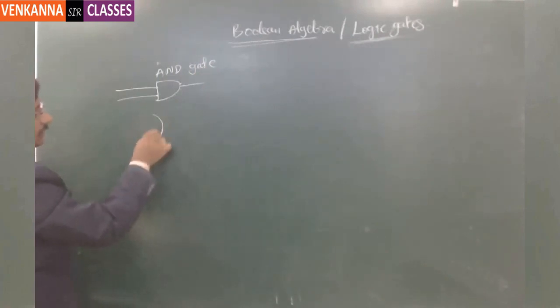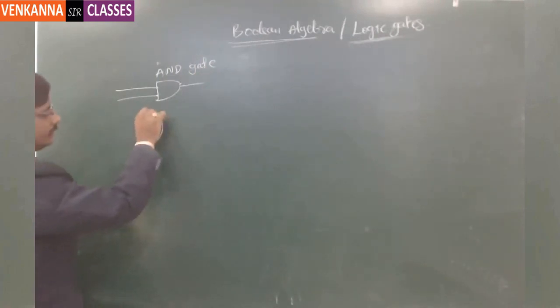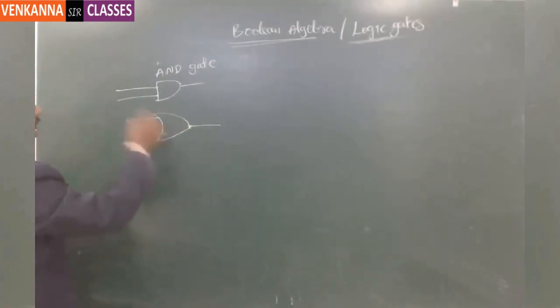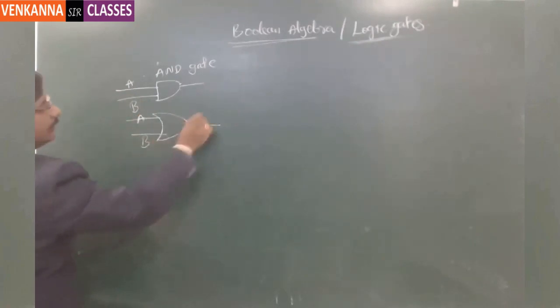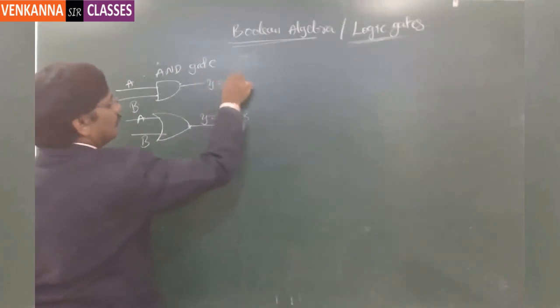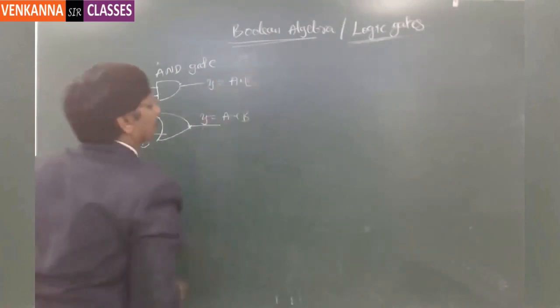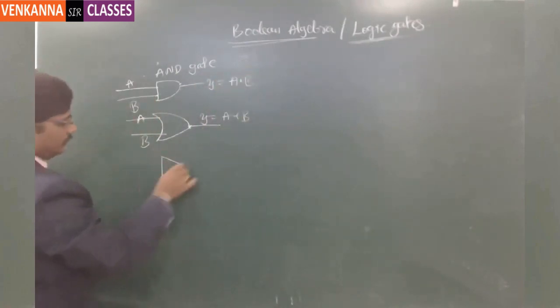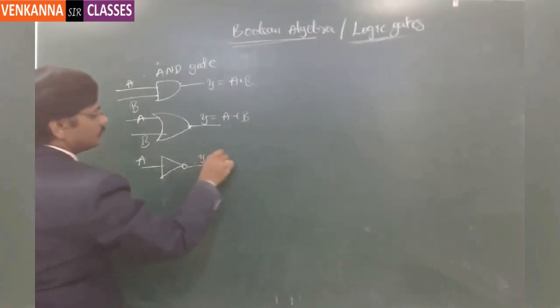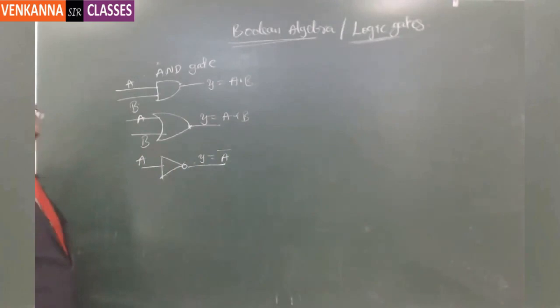The OR gate symbol has a curve like this, this is the output and this is the input, A and B. Y equal to A plus B, and Y is equal to A dot B. Similarly, the NOT gate is A and Y is equal to A bar.